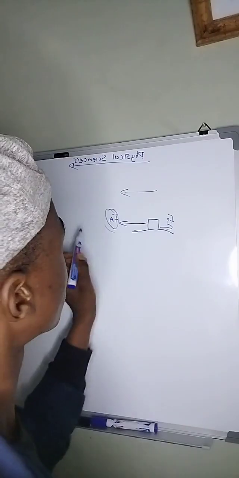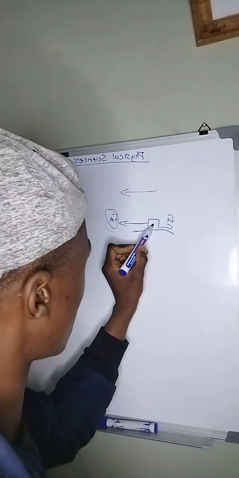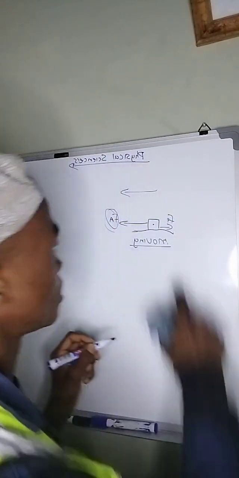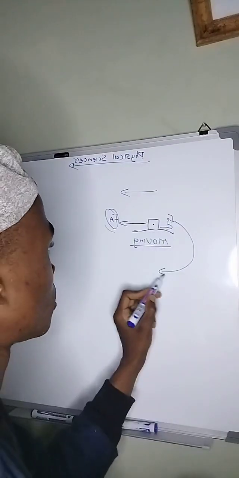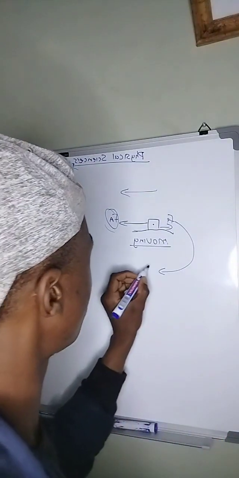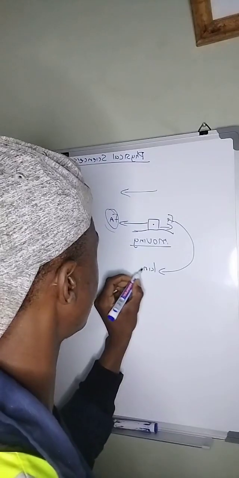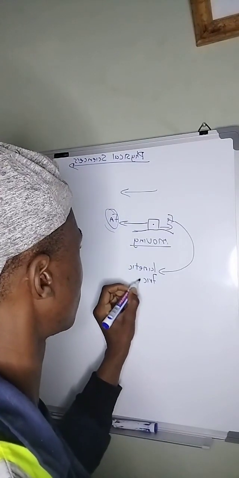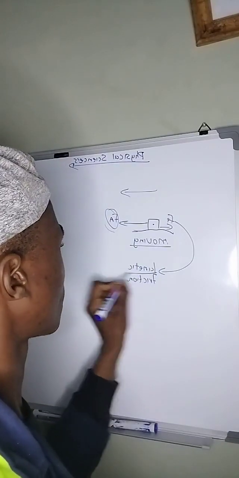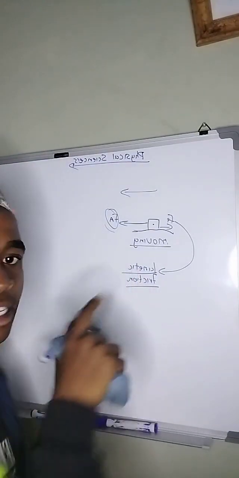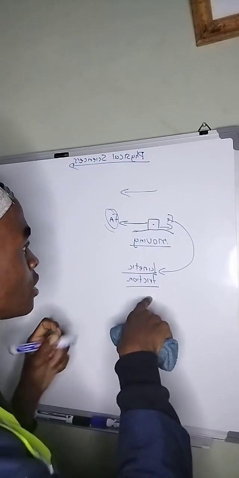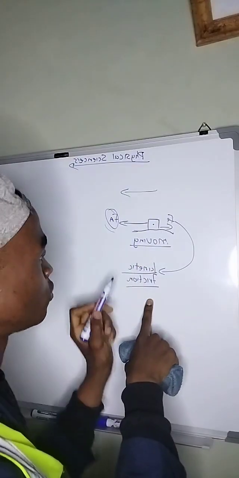So now, whenever we have this guy moving, we will consider this friction as being kinetic friction. Kinetic means movement. So this friction will be kinetic friction because the object is moving.